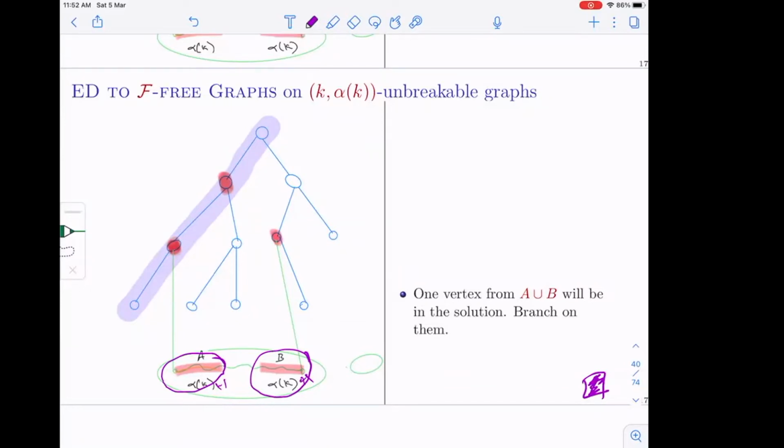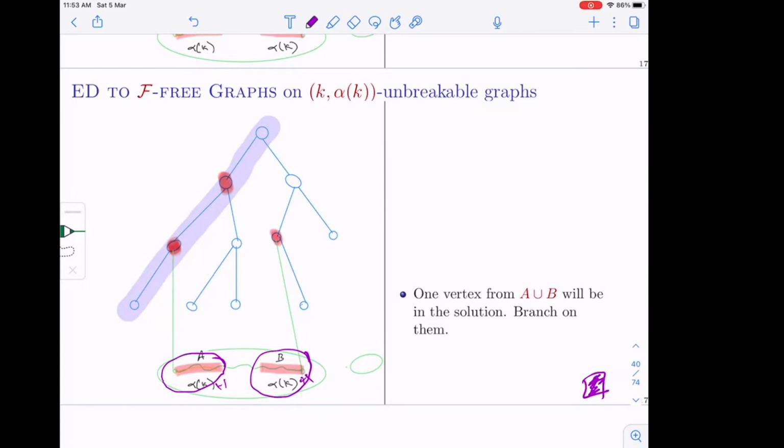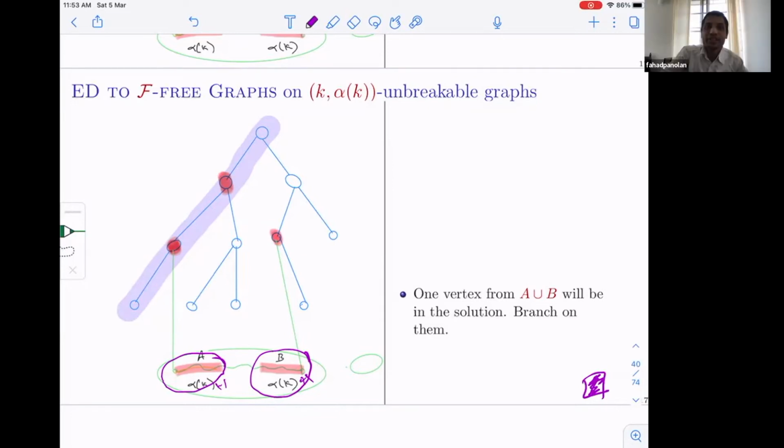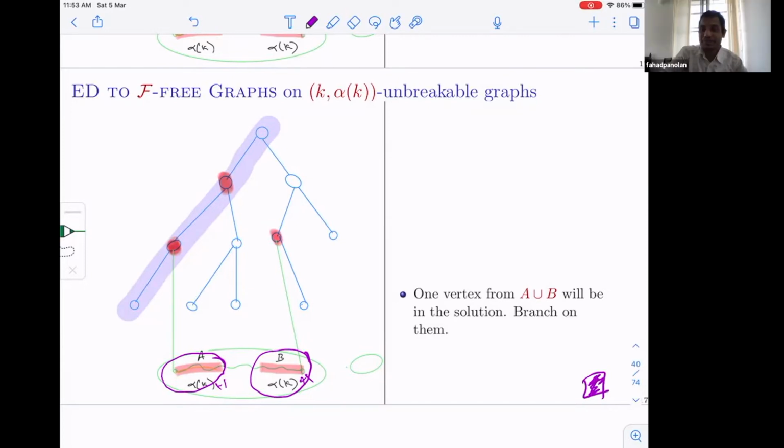You're essentially saying in any graph, if you're given a K-sized forest and you want to know whether it is an elimination forest for a class F, then it is FPT, because you just apply that black box of unbreakable and then do this mapping. You need to prove conditions A and B, where A is CMSO, which you can prove because the tree is bounded size, and B you do as I explained here, because this condition holds.